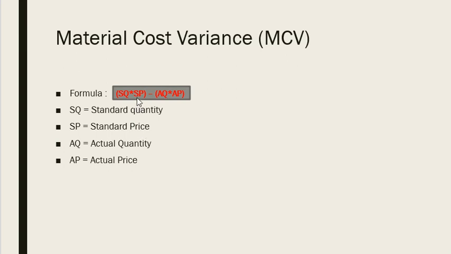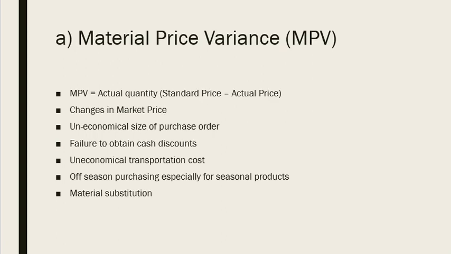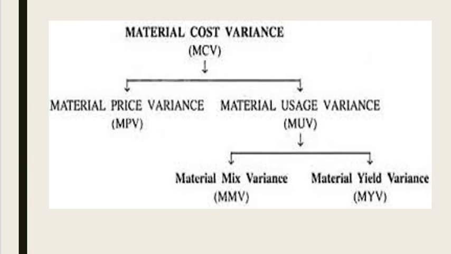So it is standard quantity into standard price minus actual quantity into actual price. The standard cost and the actual cost you subtract to get your material cost variance. SQ is standard quantity, SP is standard price, AQ is actual quantity, AP is actual price. As I have already told, material cost variance is divided into material price variance and material usage variance.